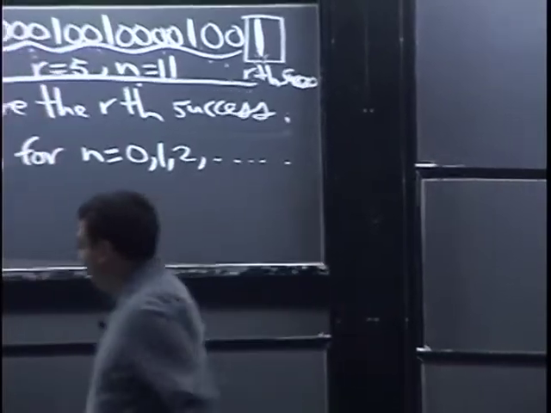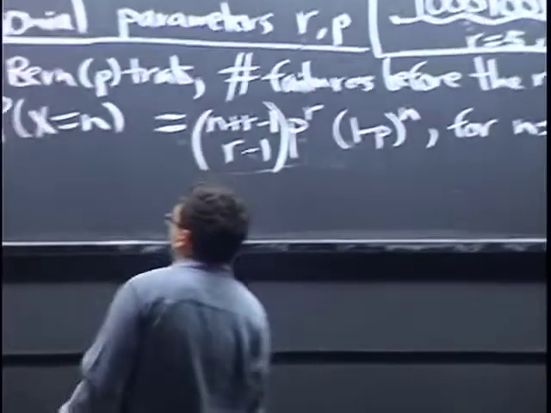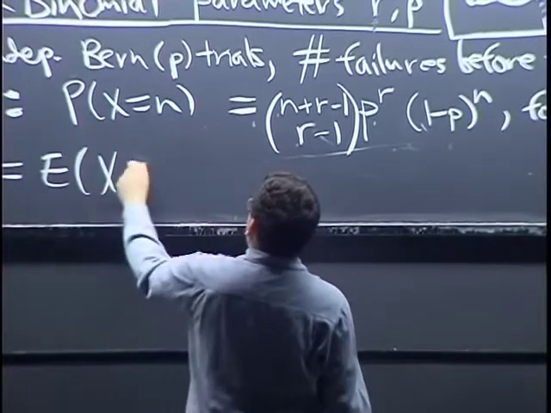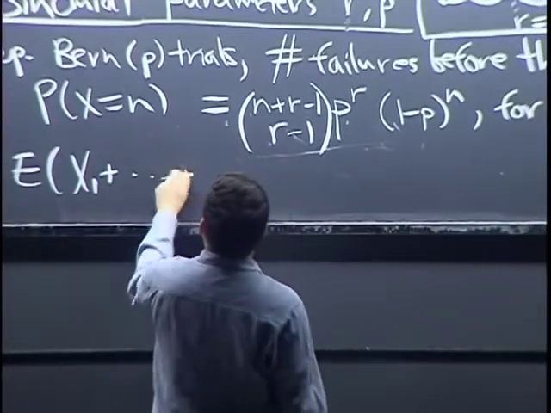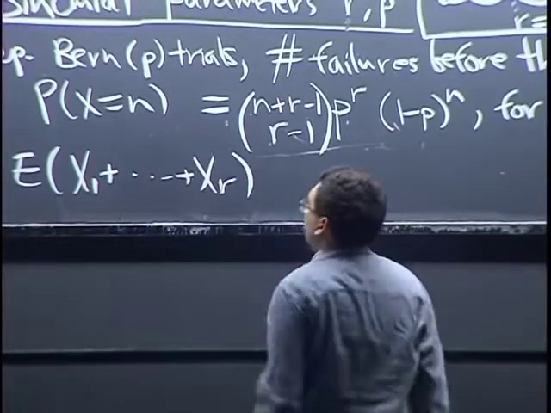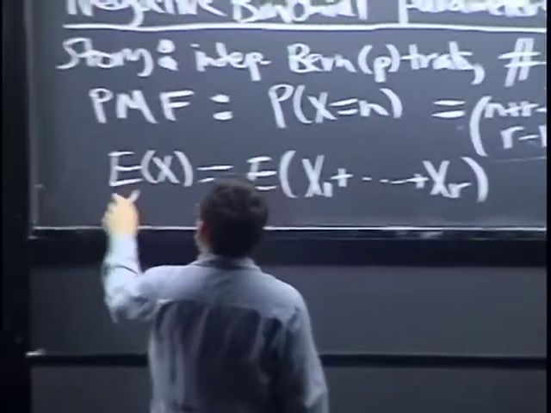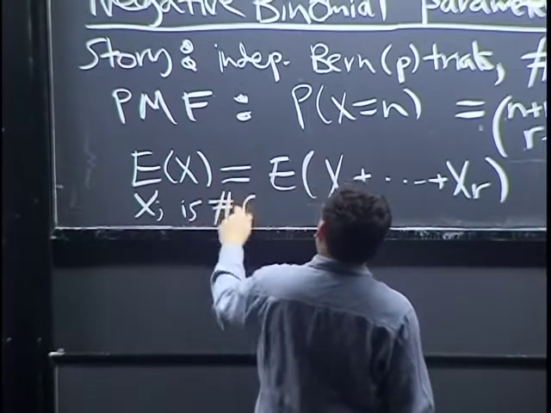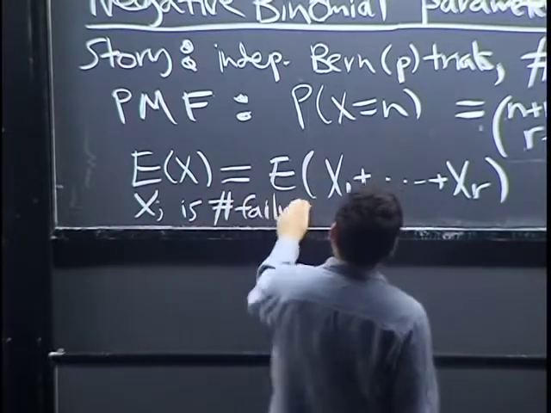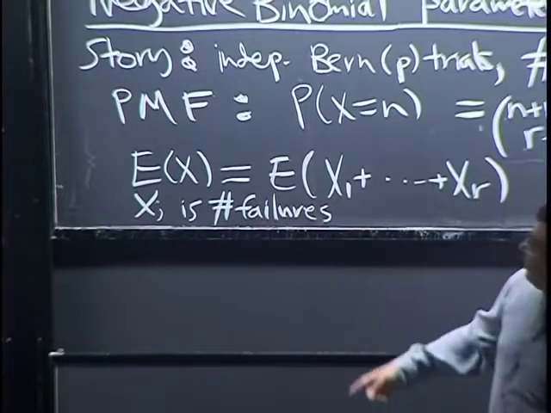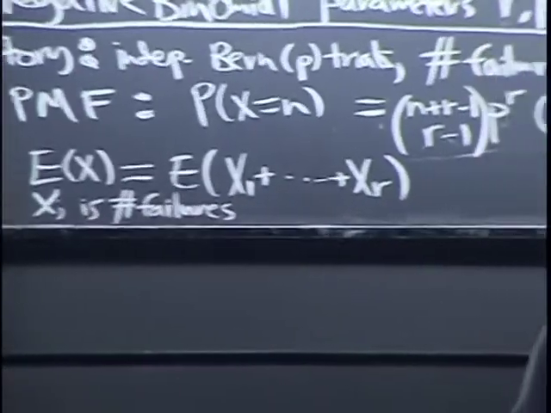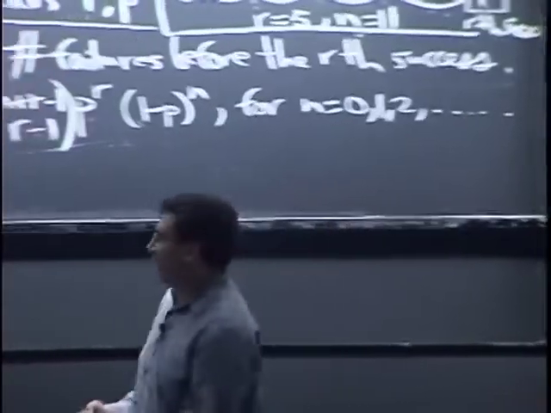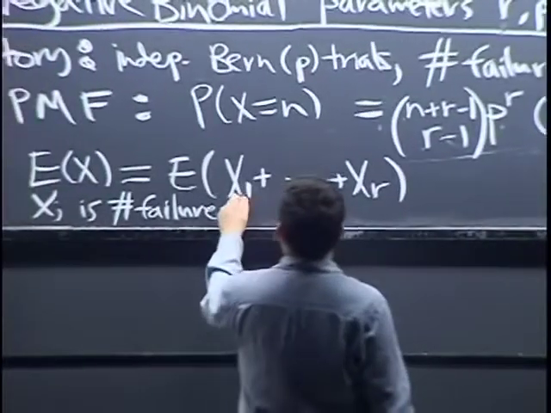So therefore, we can interpret this as, I'm going to rewrite x as x1 plus blah, blah, blah plus xr, where xj is the number of failures between the j minus first and jth success. x1 is the number of failures before the first success. x2 is the number of failures between the first success and the second success, and so on.